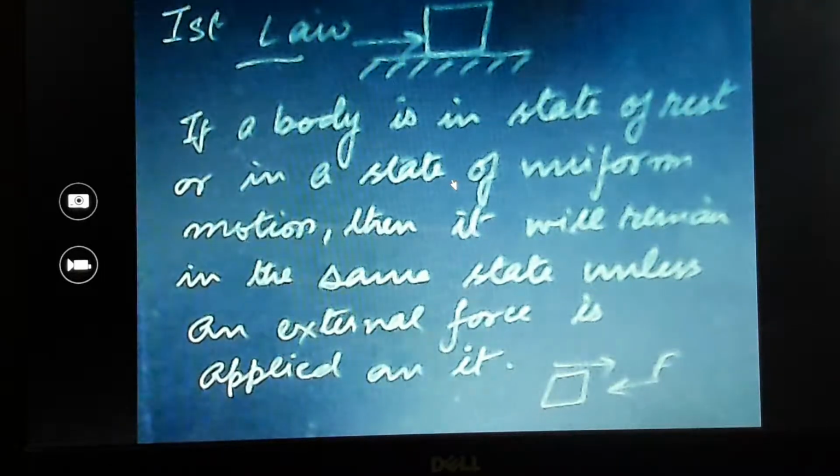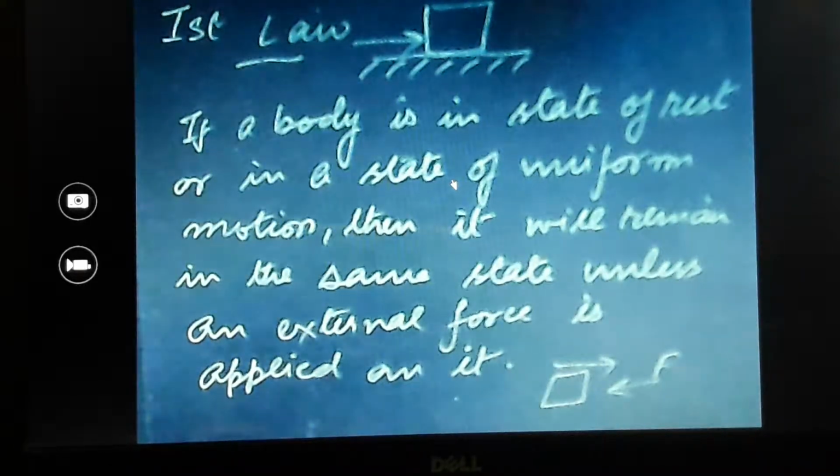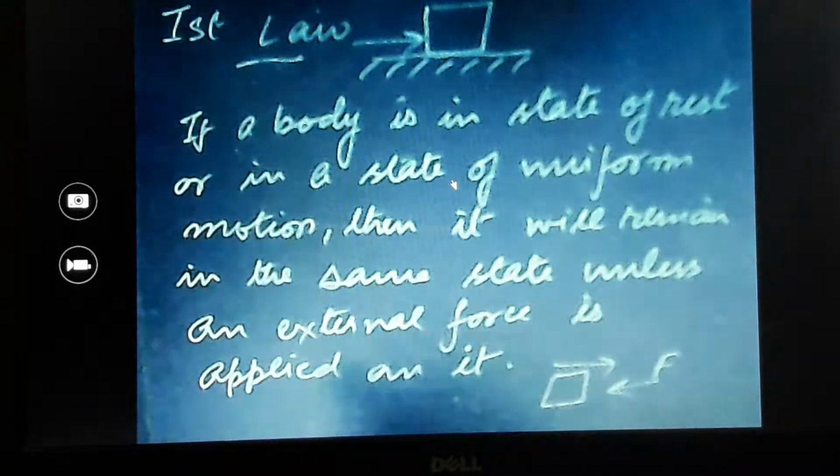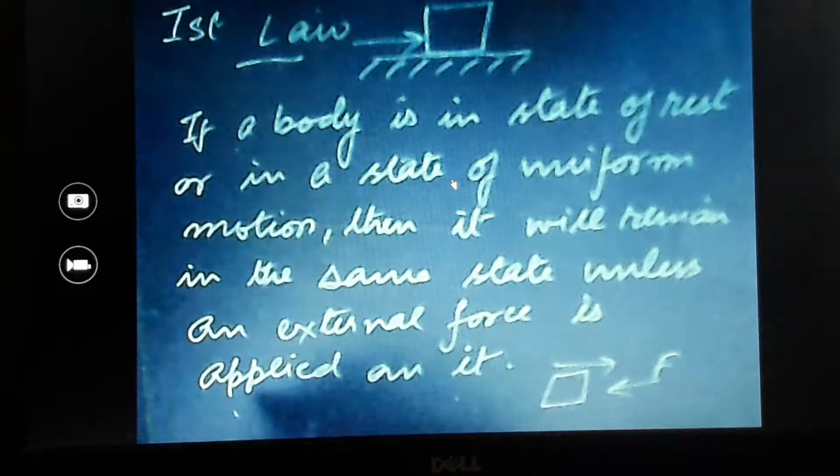If we talk about a qualitative discussion of the same, we first have to define two terms: inertia and force. First, inertia.